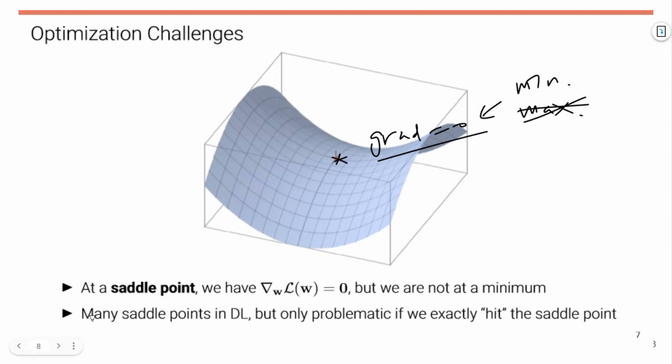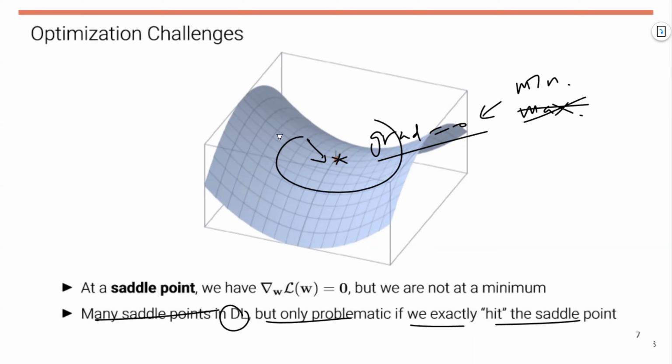And there might be many saddle points in deep learning, but it only becomes problematic if we exactly hit the saddle point. However, the chance that we get into this saddle point exactly is very low. So you don't have to worry about this saddle point issue that much.